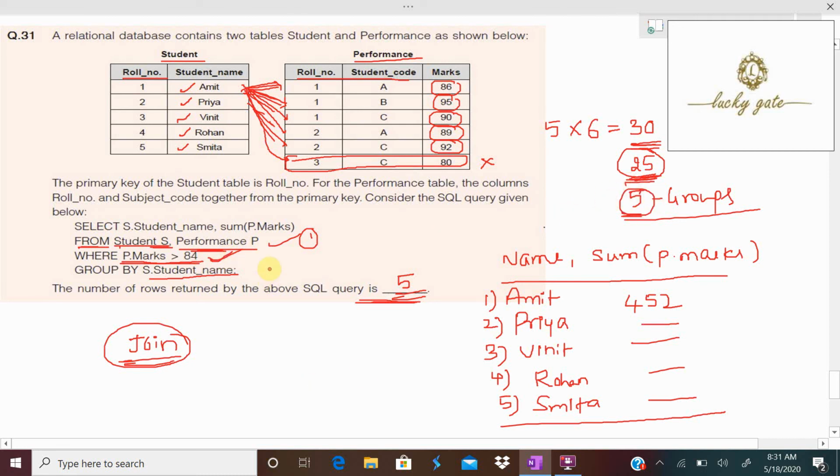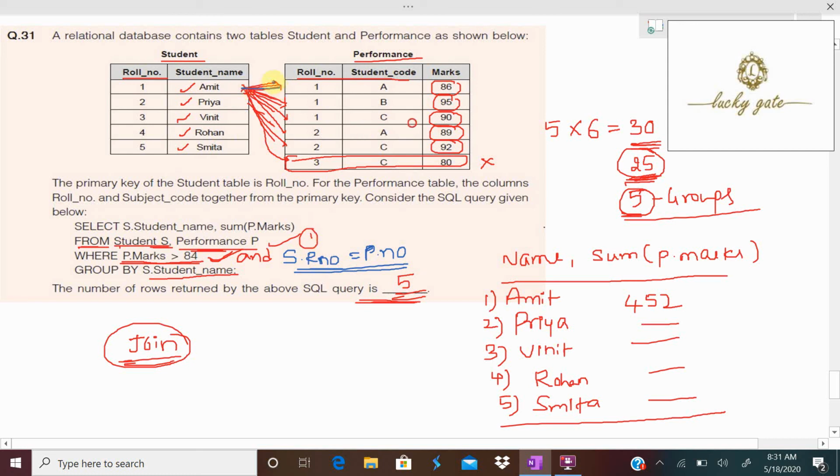Suppose a case where a join condition is mentioned, say like and, here I am writing, S dot roll number equal to P dot roll number. If the condition S dot roll number equal to P dot roll number is mentioned, what is going to be printed as a result of the output?